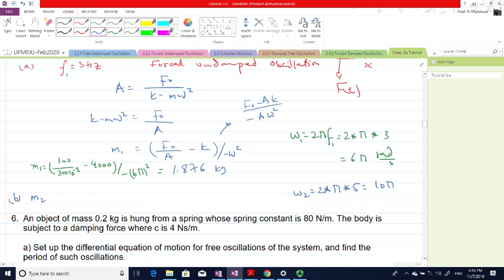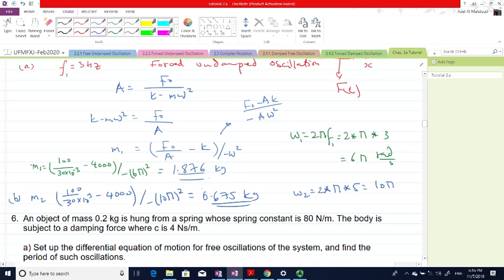Then what you'll get is 100 divided by 30 multiplied by 10 to the power minus 3, minus 4000, divided by minus 10 pi squared. The mass will be different when you have different frequency and the same amplitude of displacement. So, very good. It will be 0.675 kilograms.